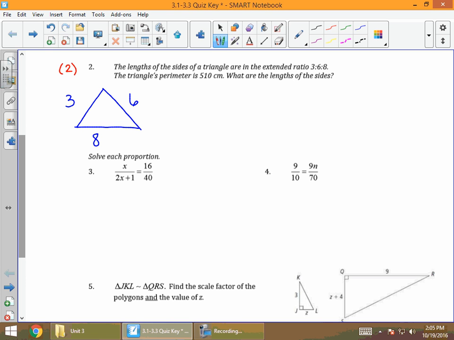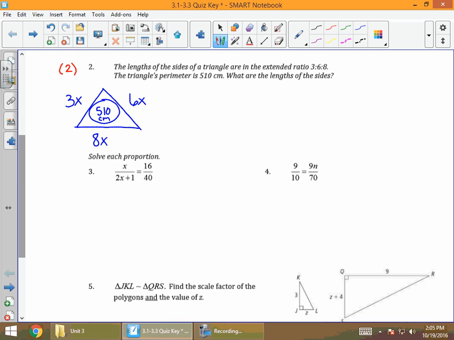Now, I don't know what multiple of 3, 6, or 8 I need to use, so I'm going to put in x with each one of them and call it 3x, 6x, and 8x. That way, if I multiply by 2, they're still in a multiple of 3, 6, and 8. And it says that the perimeter, all the way around, is 510 centimeters.